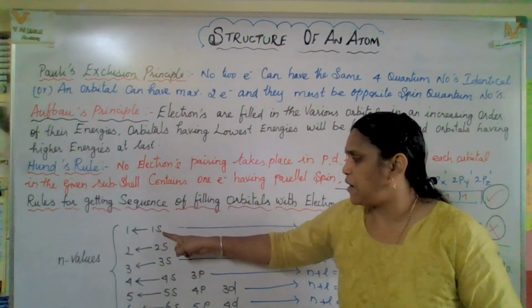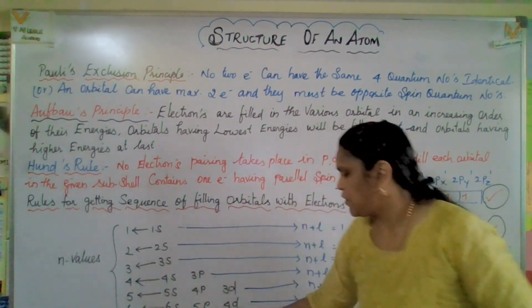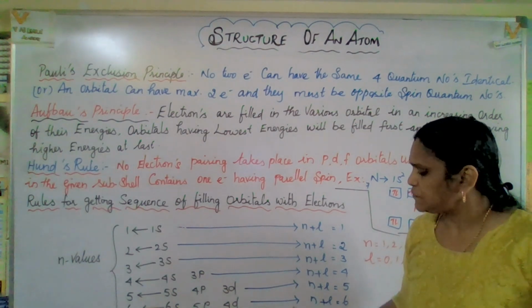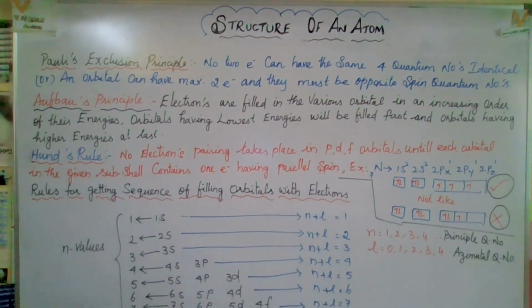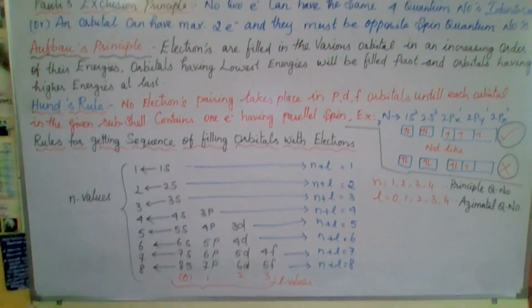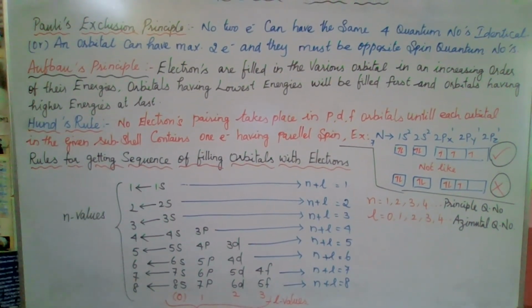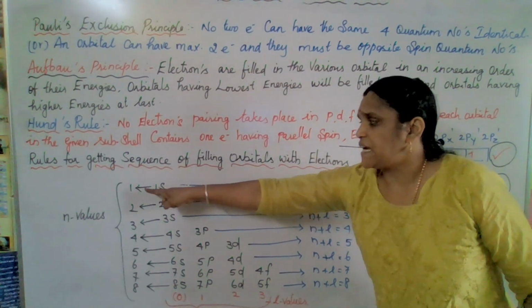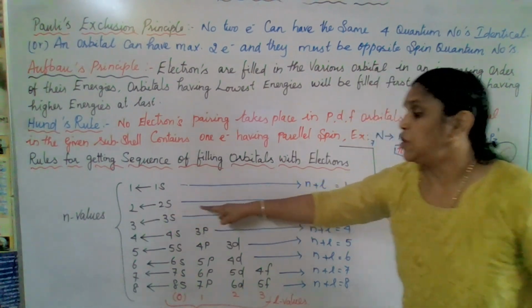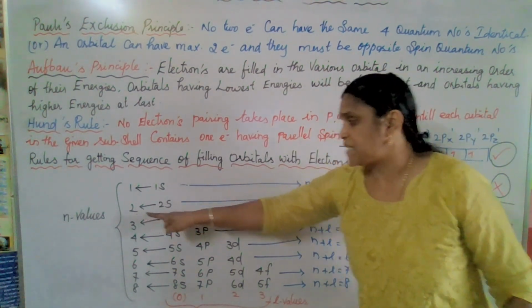See now, for example, this side is the n value, this side is the L value. Can you see this? Is it visible? Yes, fine. Now let's go. This is 1s, it belongs to the first orbital. 2s belongs to the second orbital.